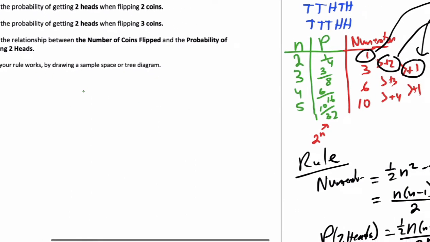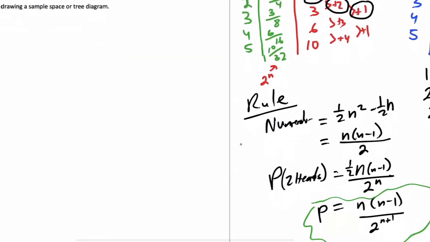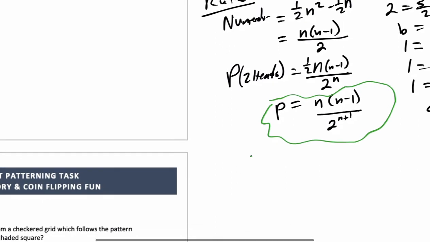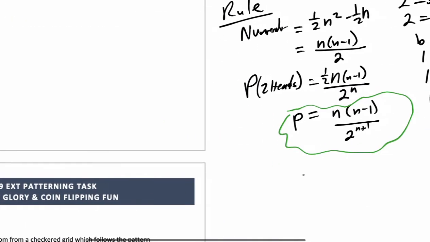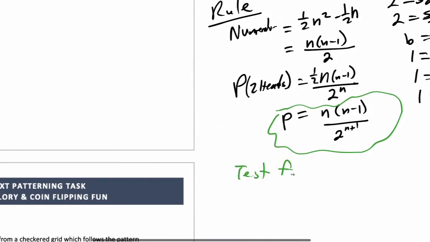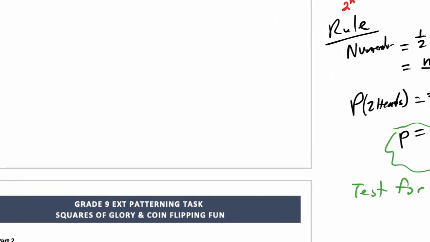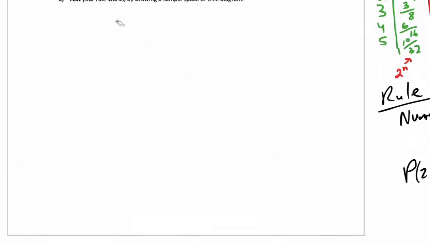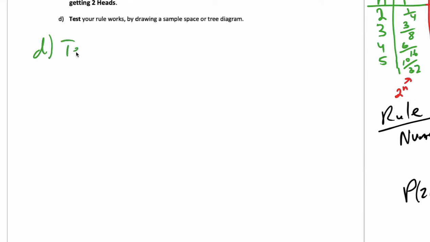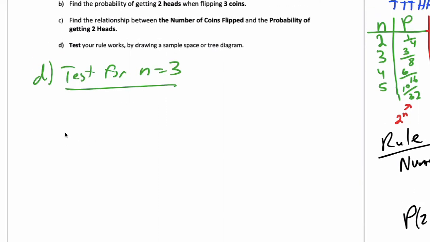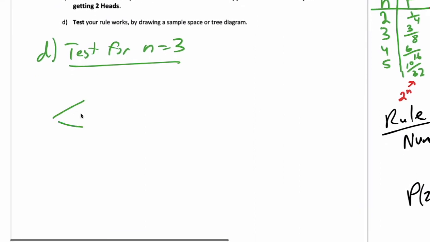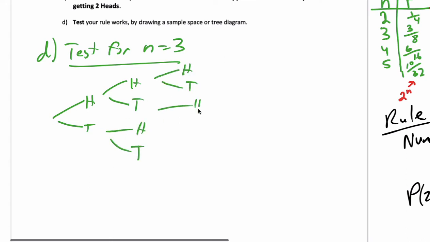Now, test your rule works by drawing a sample space or tree diagram. Okay, so let's test for n equals 3, for instance. Let's draw a tree diagram.